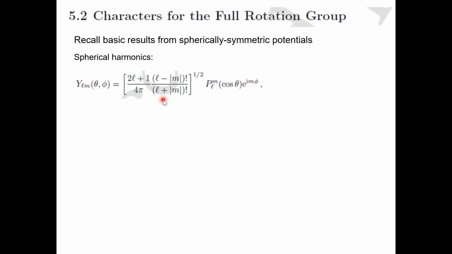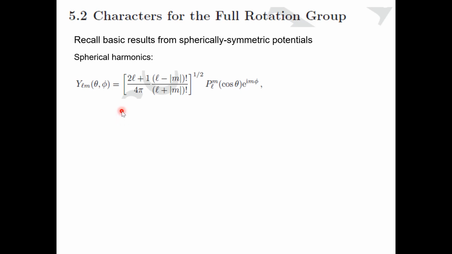All the important properties and formulas you're going to find in the textbook, and also in all basic quantum mechanics books. What's important for us is not the radial function, which will depend on the specific type of radial or atomic potential.